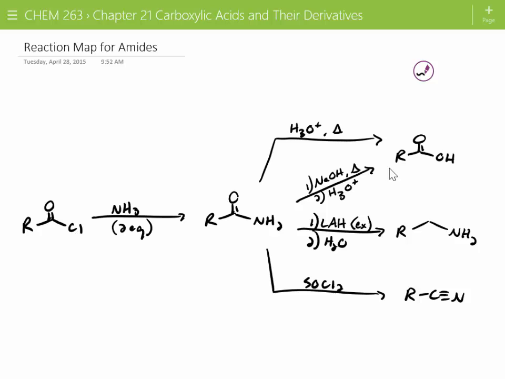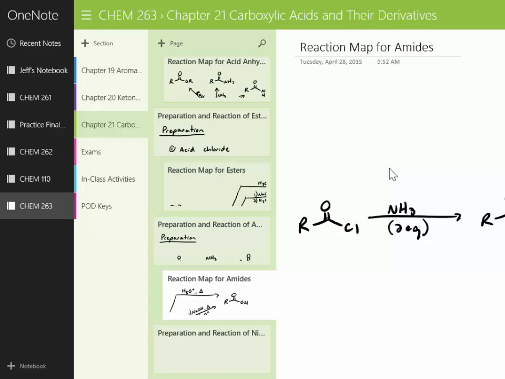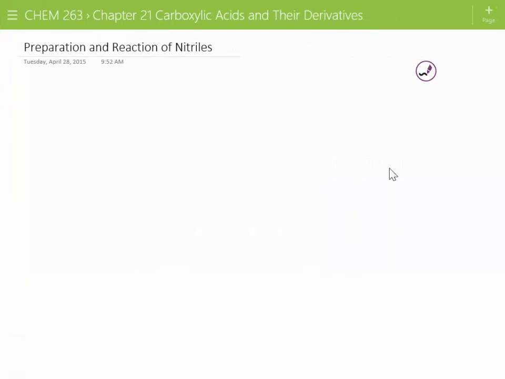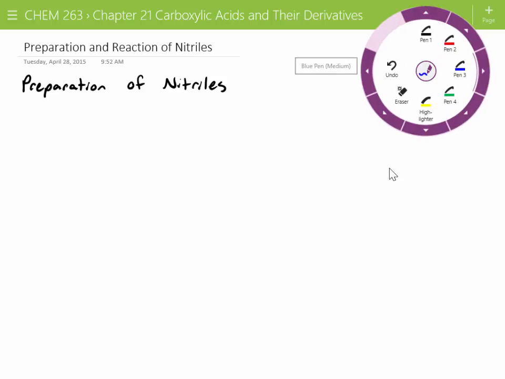All right, so let's continue on to nitriles. We've already seen the preparation of nitriles a few times. The first one was via an SN2 mechanism.